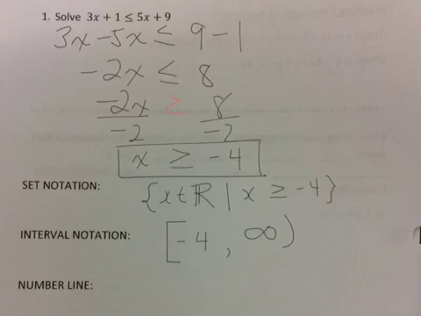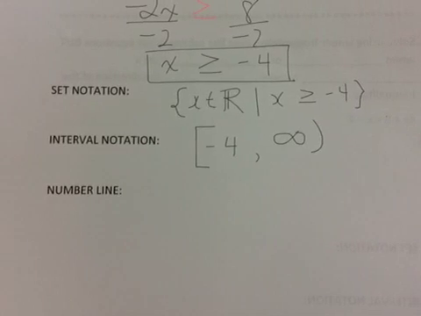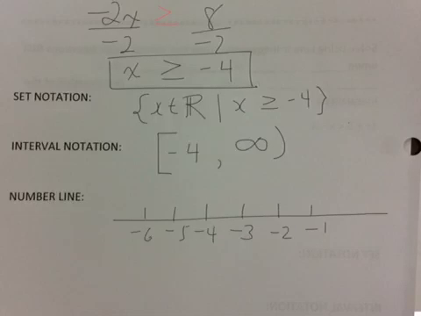Okay? All right, for the number line. So let's just move up. Just get your number line. Okay, so let's just put negative 6, negative 5, negative 4, negative 3, negative 2, negative 1, 0.